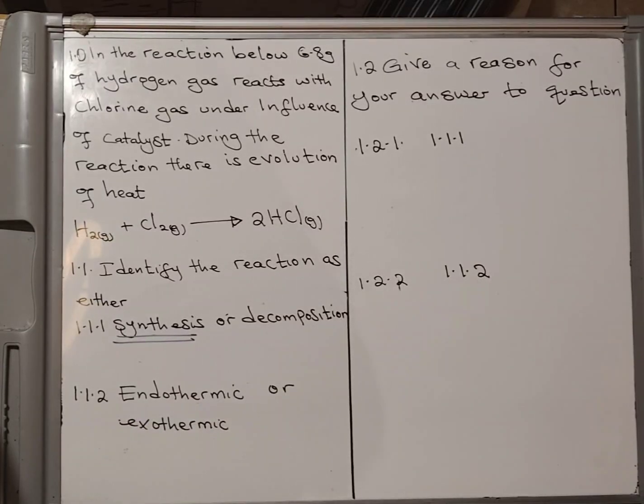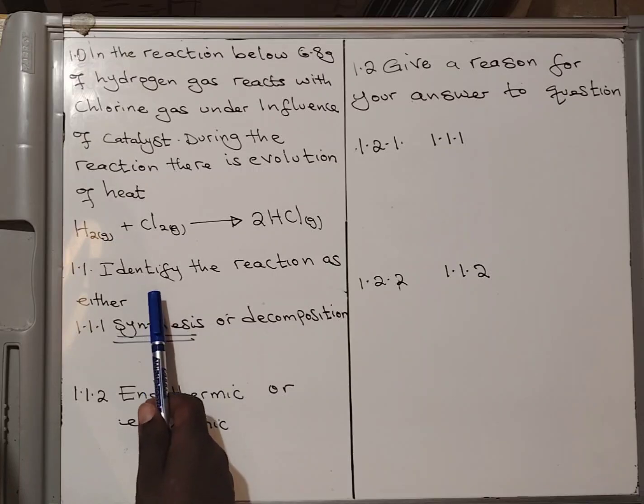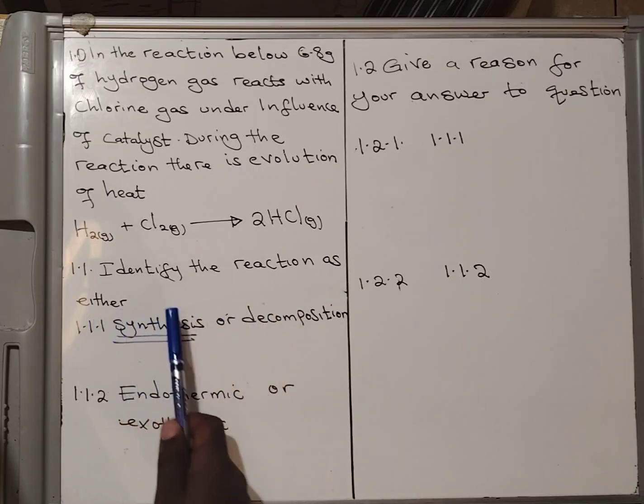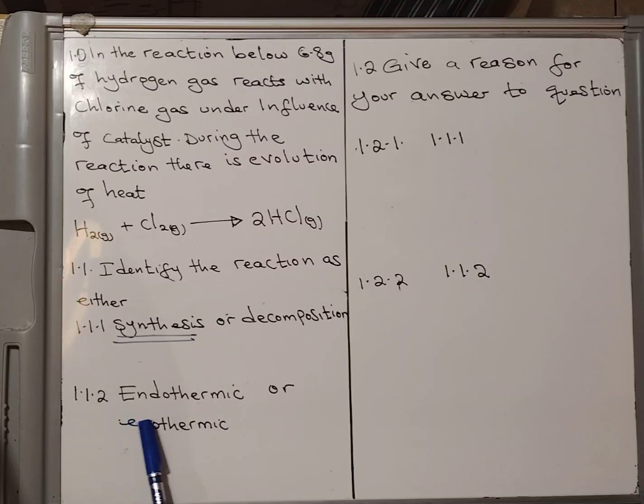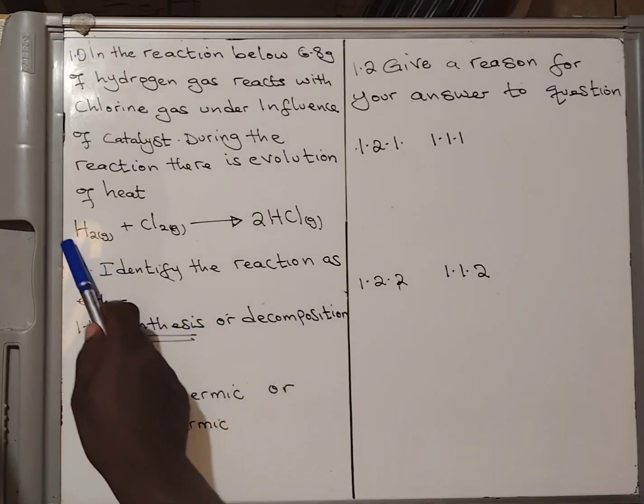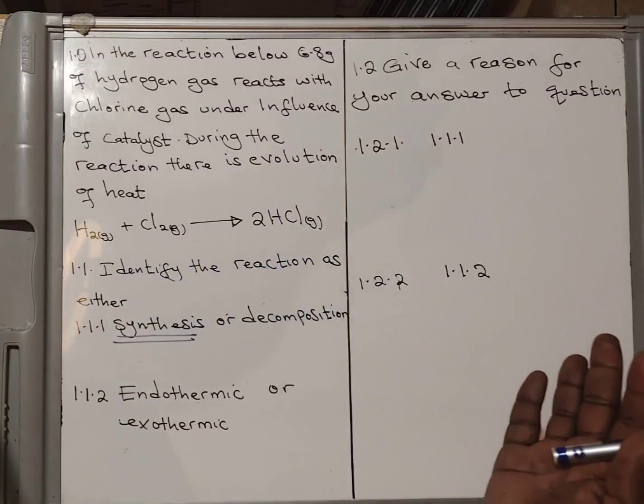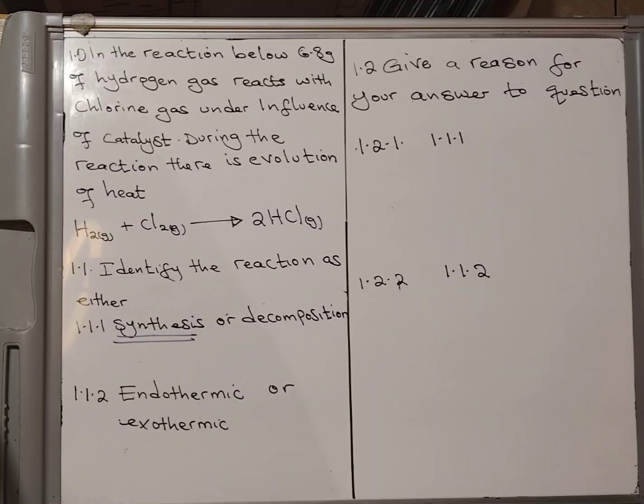Okay. Then we go to another question. It says, identify the reaction as either endothermic or exothermic. So when you look at this equation, we don't have anywhere where we can just tell. But when you go to the statement, it is indicated. We all know that for endothermic, heat is absorbed during the reaction from the environment.